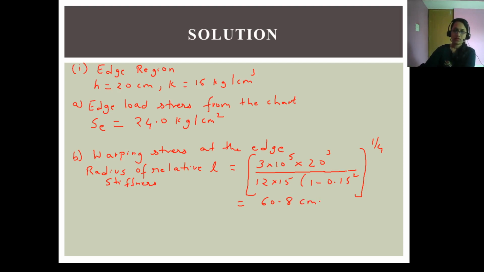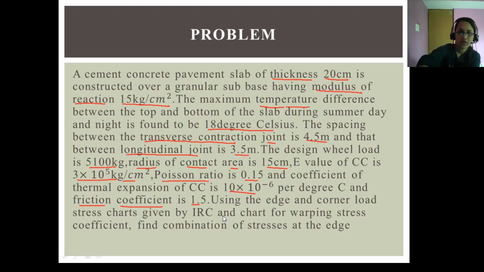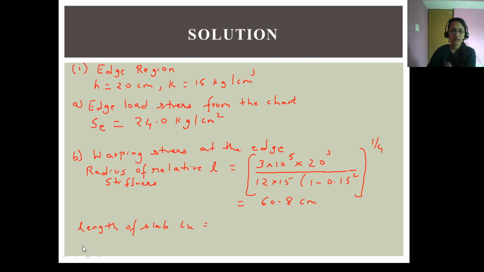Next, the length of the slab Lx. From the problem we know the spacing between the transverse contraction joints is 4.5, so the length of the slab Lx will be 4.5 meters.